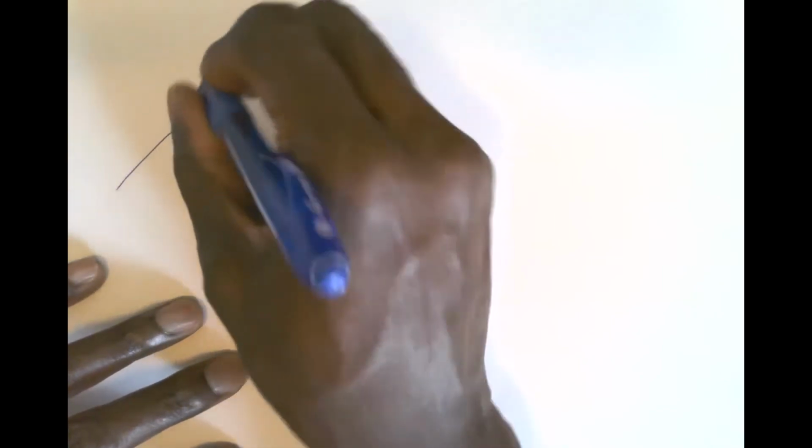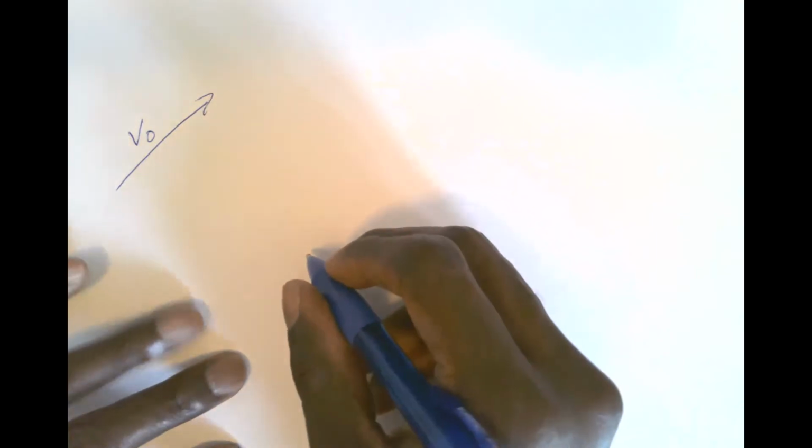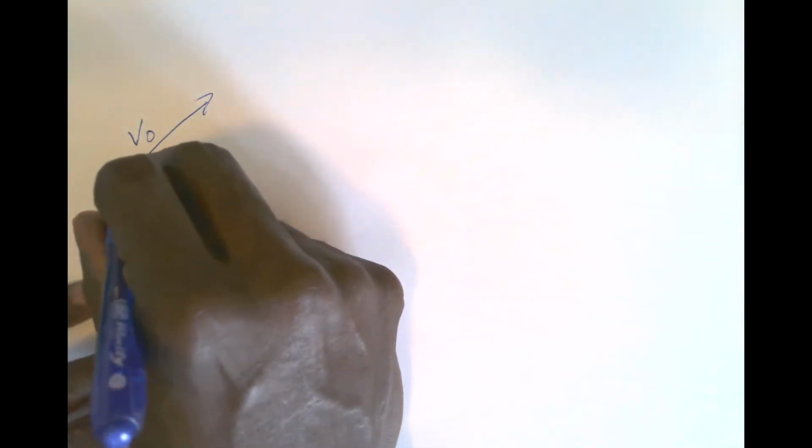So what we want to do is throw the ball or some projectile at some given initial velocity. I'm going to represent that initial velocity with a vector, and we're going to call that initial velocity V naught. The question we want to ask is, at what angle theta should we throw this ball for it to reach its maximum horizontal distance?